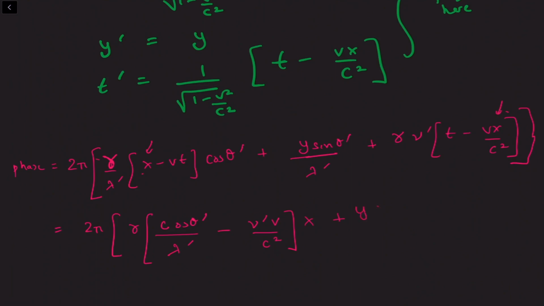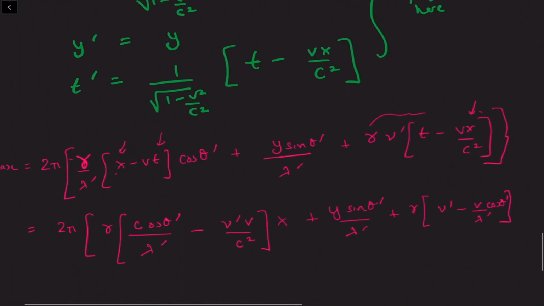There's only one term, which is sine theta prime by lambda prime. And we collect all the terms with t. So first we'll write this one plus gamma times nu prime, and then we take this one minus v over lambda prime cosine theta prime times t.